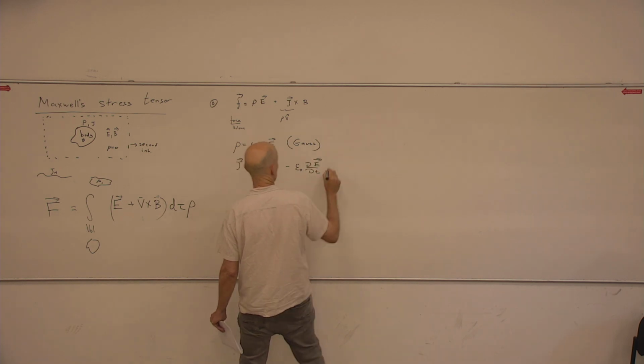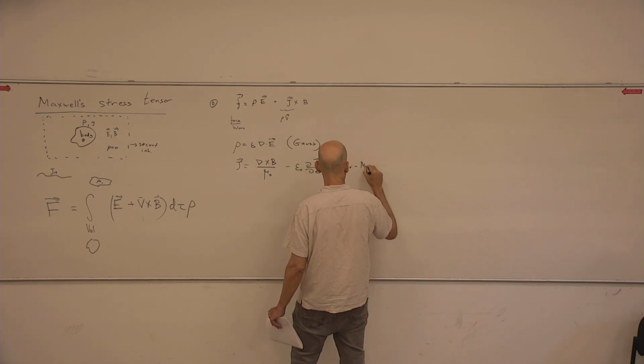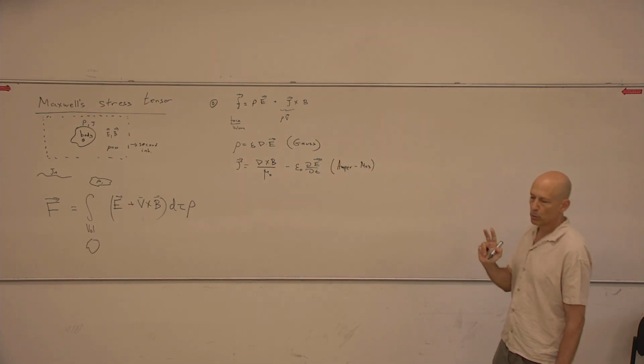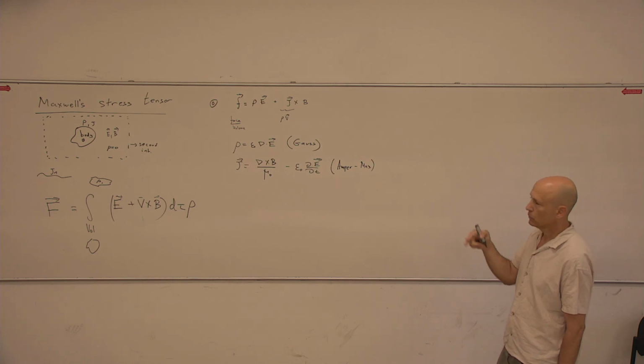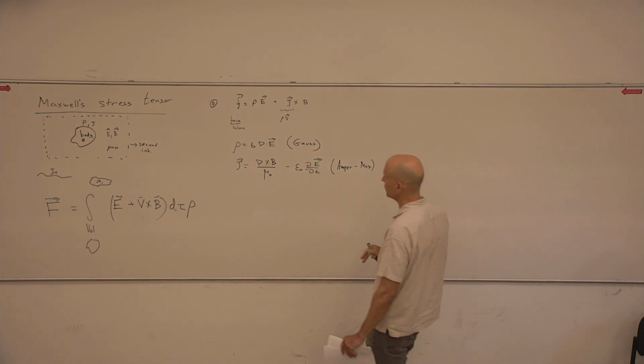So this is Ampere-Maxwell. So we used 2 of Maxwell's equations up to now. How many more do we need? 2 more, which are Faraday and div B equals 0, that we will use later.